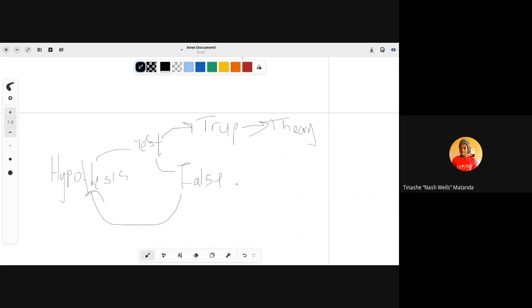Now, if it has become a theory, I'm going to start testing it based on a large sample or based on multiple of these evidence spaces. For instance, if I'm trying to find out if a certain leaf has starch, and I found out that it truly has starch, I can take that very same experiment and start testing the very same thing for a large sample of different other plants.